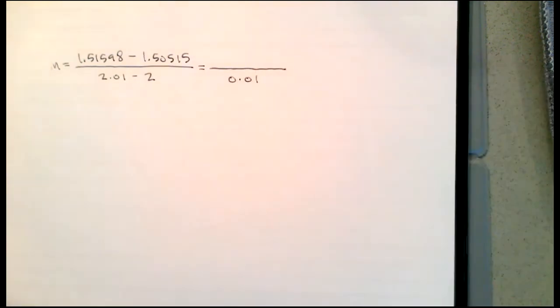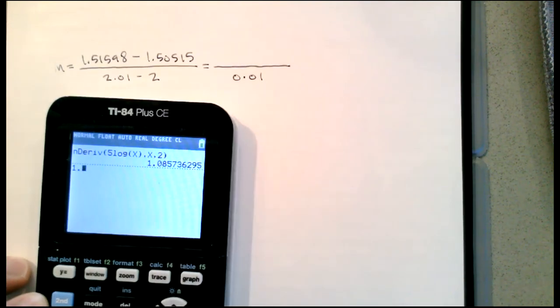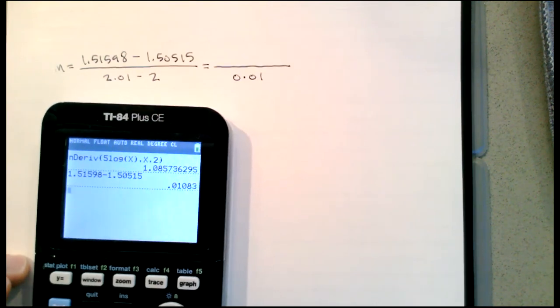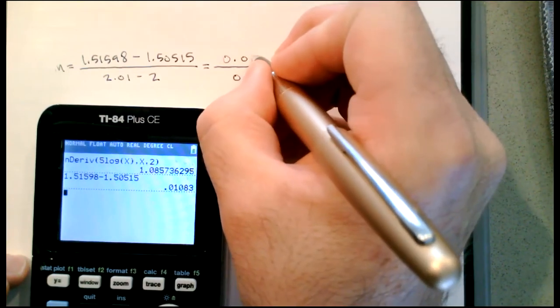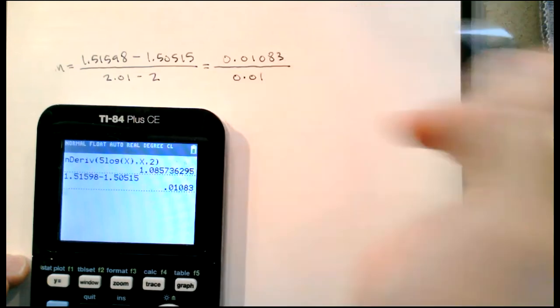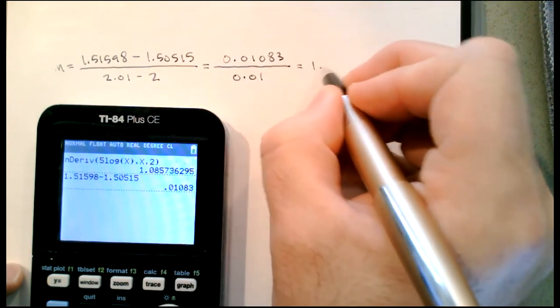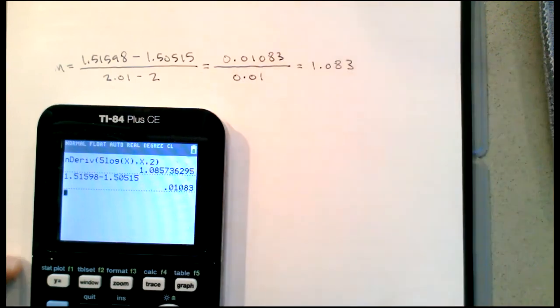So our denominator is still going to be 0.01. 1.51598 minus 1.50515 is 0.01083. Now when I divide by the 0.01, I end up with 1.083.